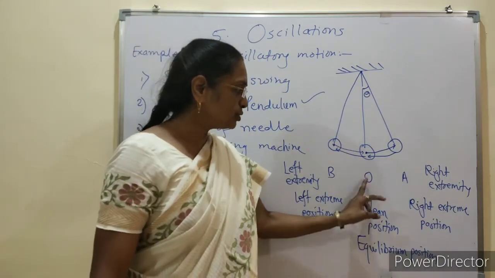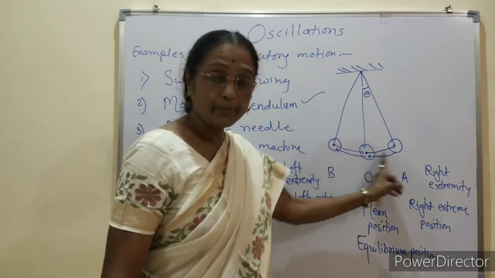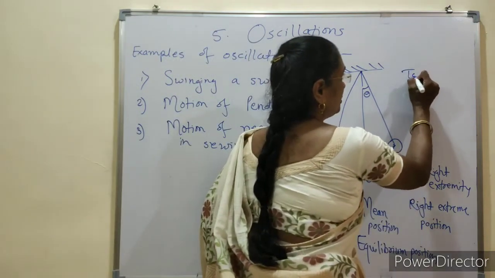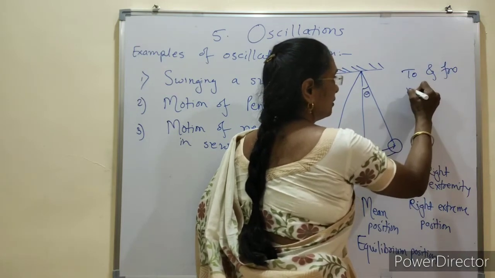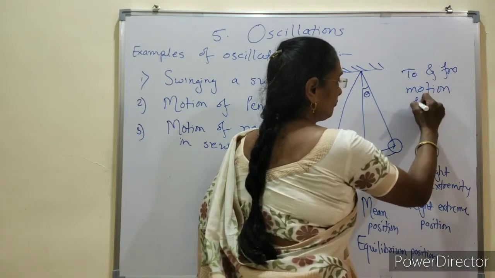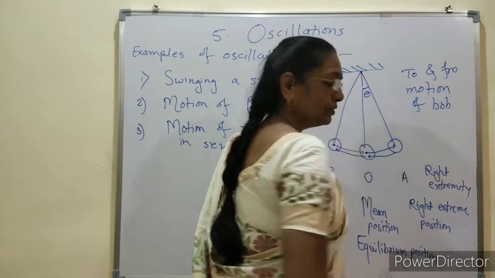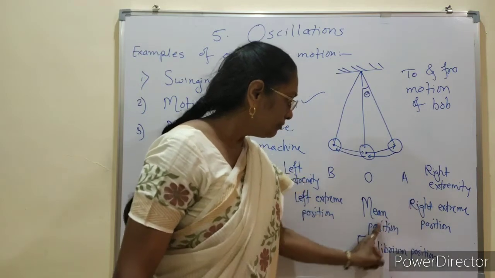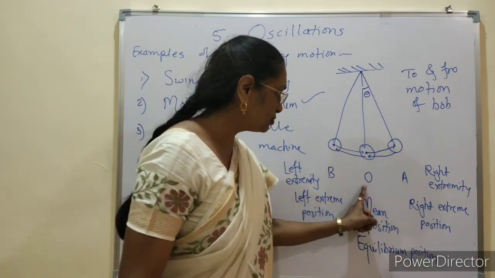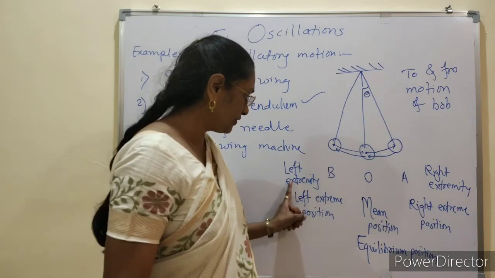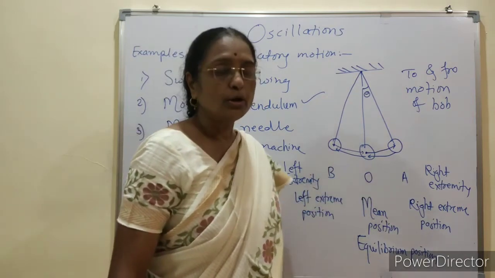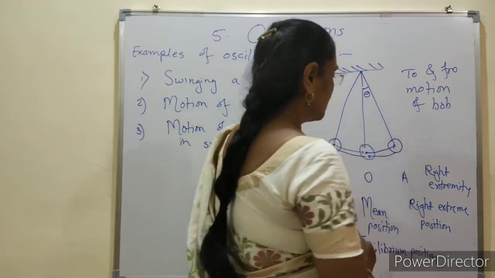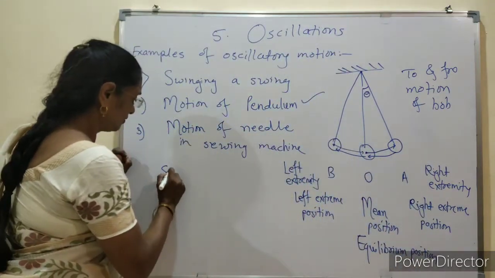So about this mean position O, the bob of a simple pendulum moves to and fro. This motion is the to and fro motion of the bob of a pendulum. Mean position to right extreme position, again from right extreme position to mean to left extreme position, and again to mean position. Here there is a set of movements.